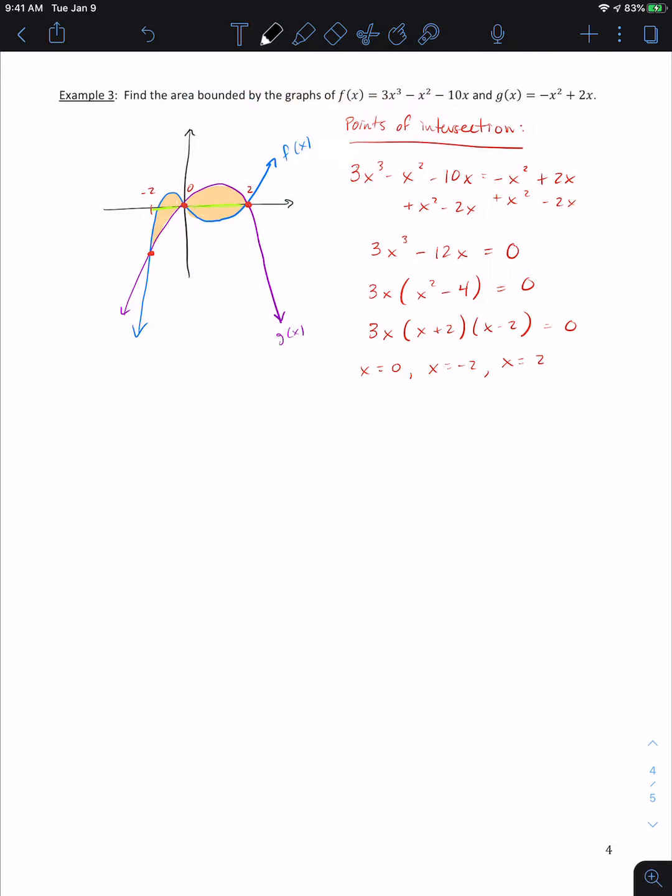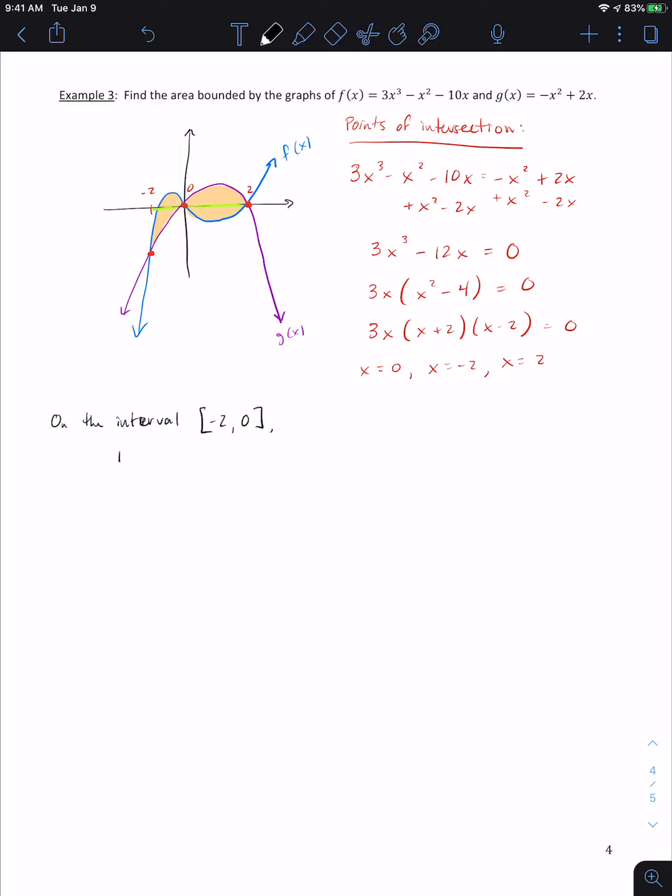So again, by the green line there, I have two pieces of the interval, and I'm going to have two different integrals, depending on which one's the top and which is the bottom. The first interval goes from negative 2 to 0.